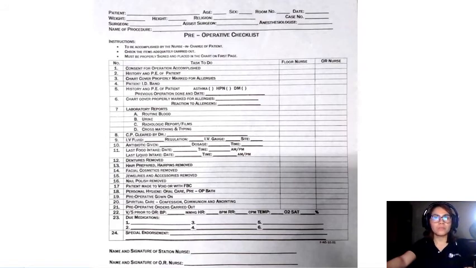Here are the instructions to be accomplished by the nurse in charge of the patient, the charge nurse. Check the items adequately carried out. It must be properly signed and placed in the chart on the first page, before the patient enters the OR. So this pre-op checklist should be on the very first page of your chart, ahead of the patient's information sheet.